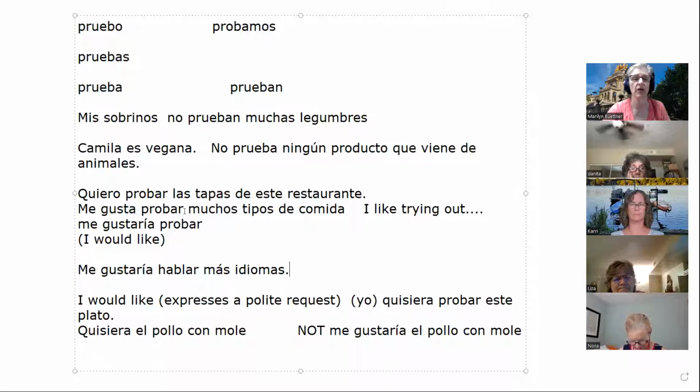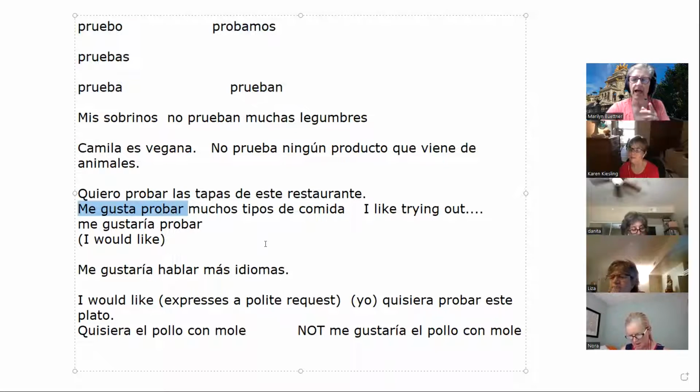I like trying out, me gusta probar. I like trying out lots of different types of food. Does that clear that up a little bit? And you can use it in any of those combinations you want, but I want you to talk about a food you like to try, and a food that you don't try ever under any circumstances. Bien? And we're only doing those two.